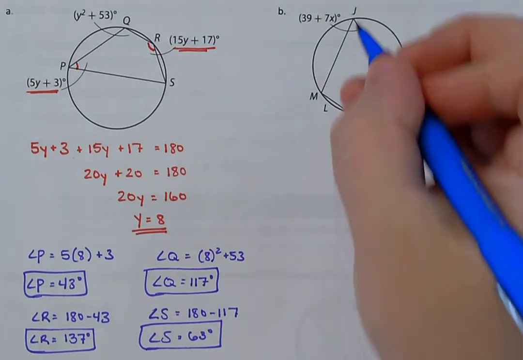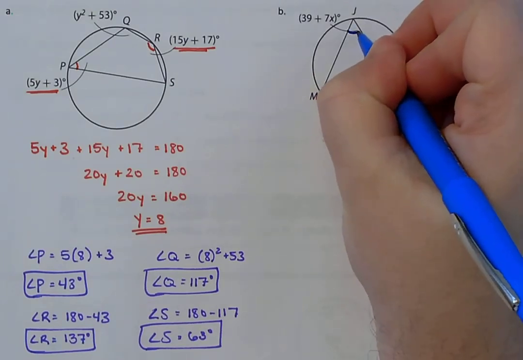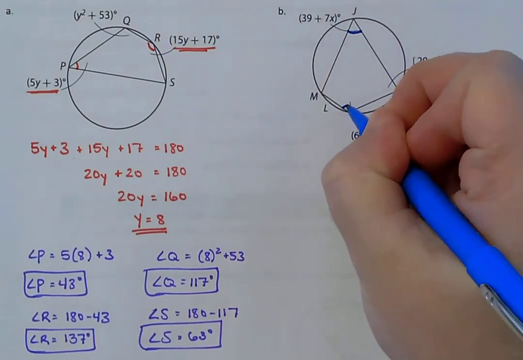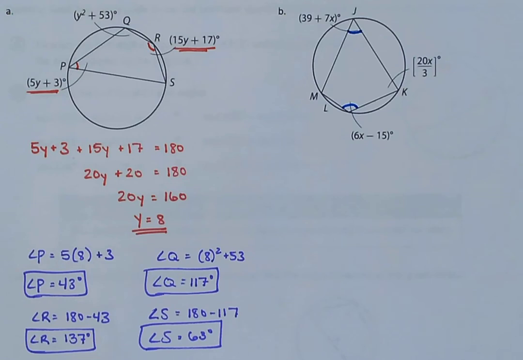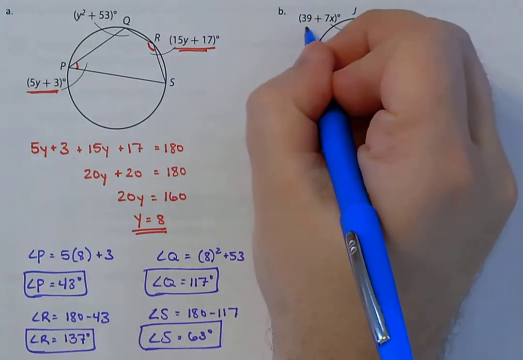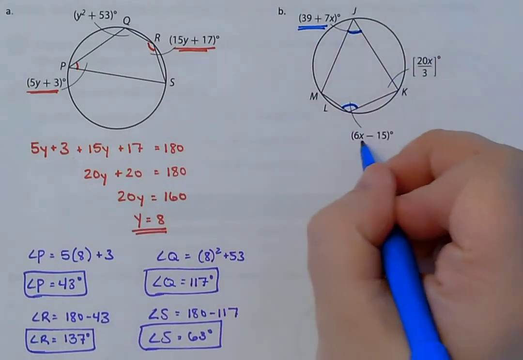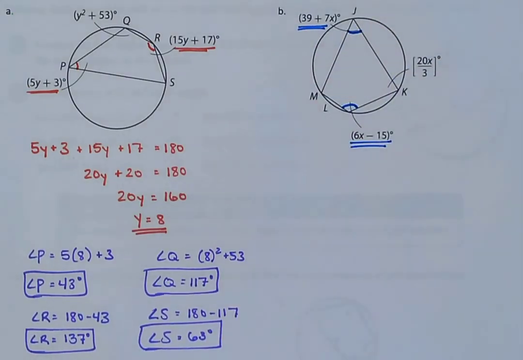The two that are opposite of each other are angles J and L. So that means we're going to use the 39 plus 7x and the 6x minus 15. Because those two are opposite of each other, they're supplementary and add up to be 180.